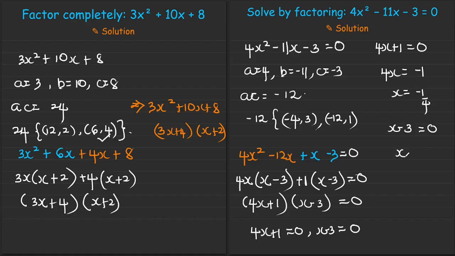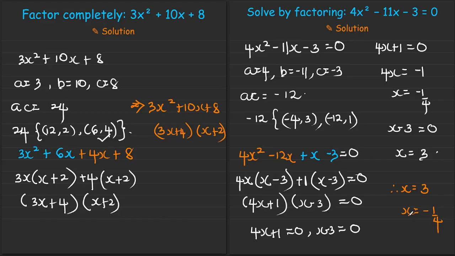Making x the subject, we have our x being equal to 3. And that is all. So we can say, therefore, our x is equal to 3, or x is equal to negative 1 over 4. As simple as that. So that solves this equation.